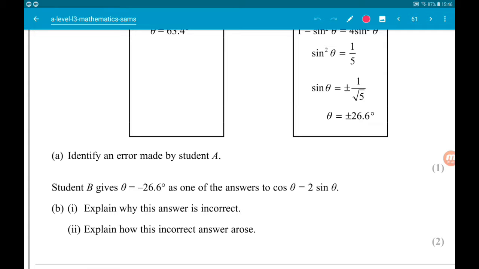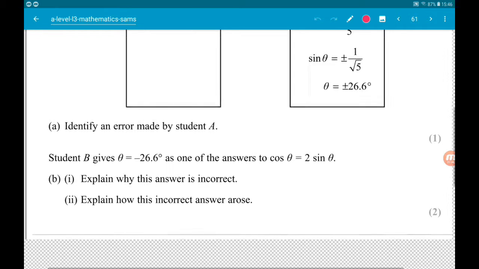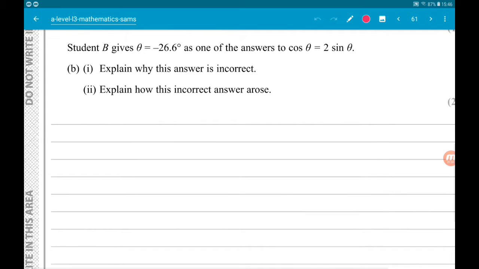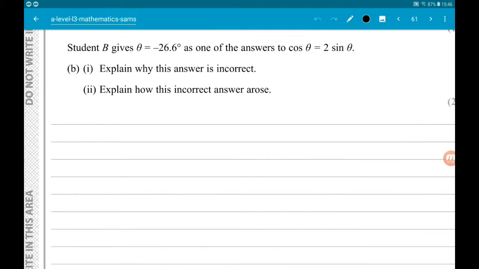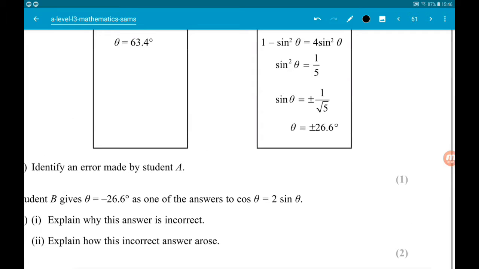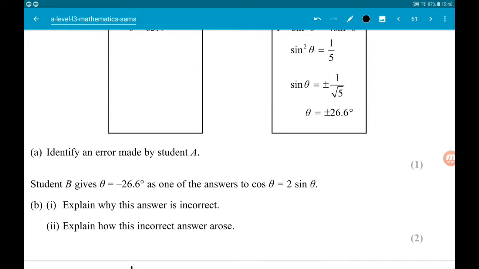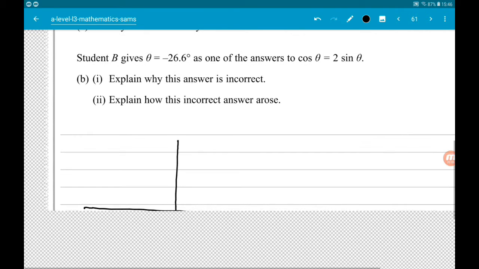So, there's 2 ways we could go about this. If we think about the graph, then what do we have? We have cos theta and 2 sine theta.